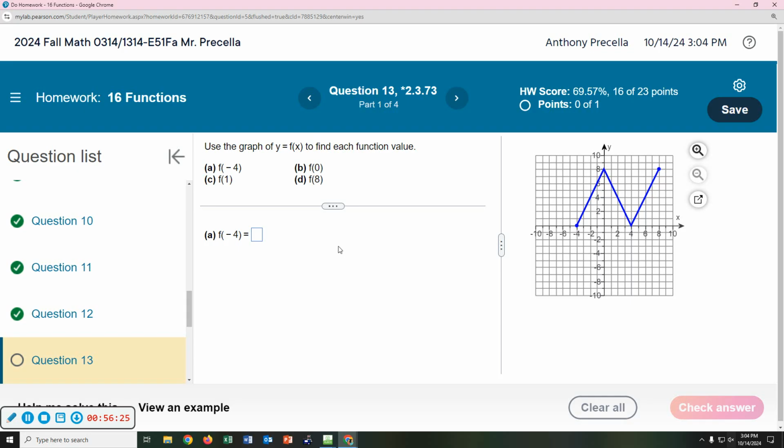F of 0, f of 1, and f of 8. The number in the parentheses is what? The x or y? The x.